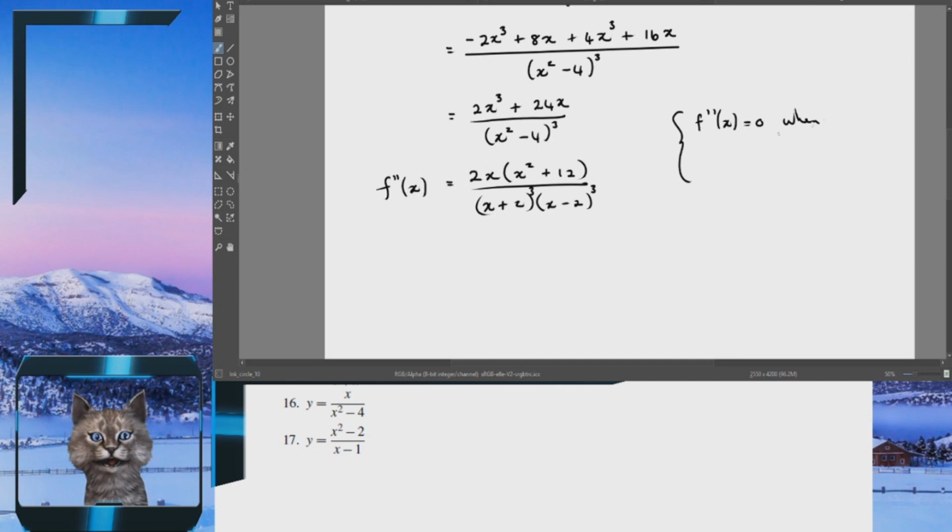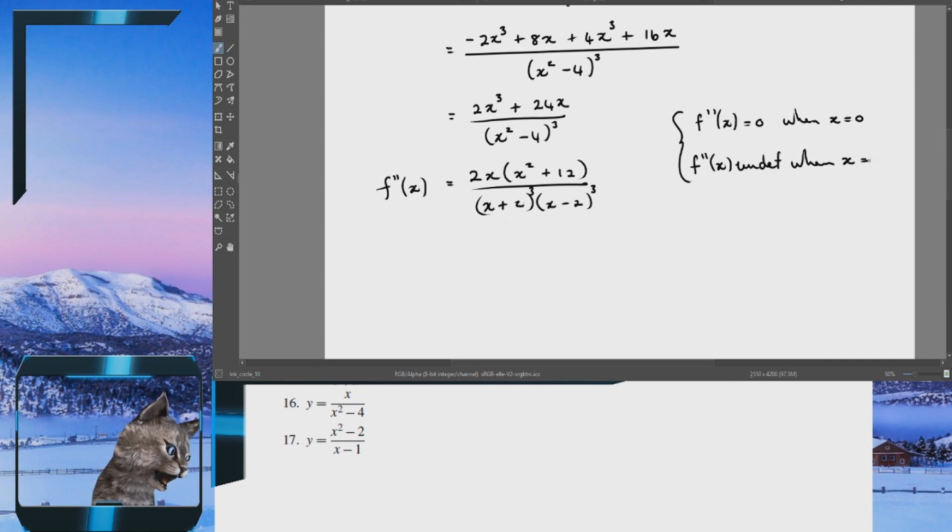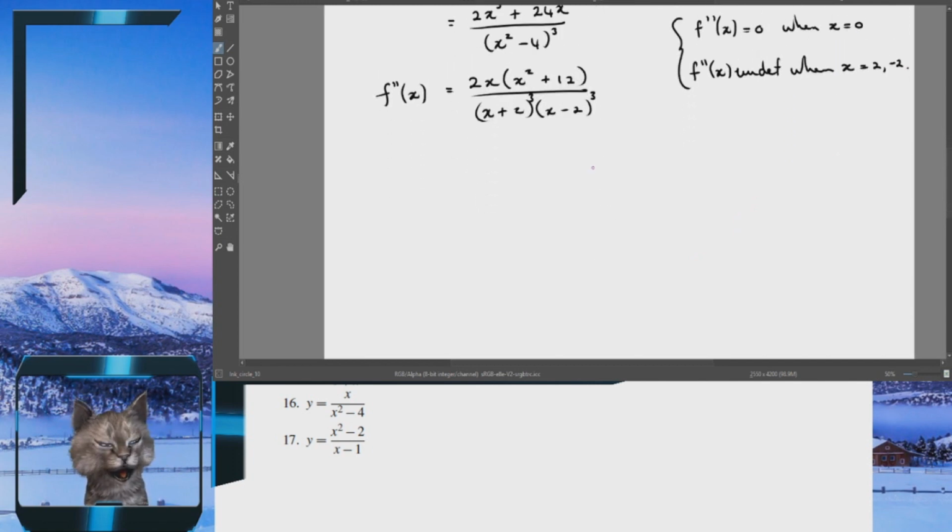Well, either one of these in the numerator is 0. One of them is an x, so that can be 0. But this is x squared plus 12, and that can never equal 0. Otherwise, x squared is equal to negative 12, which is impossible. So only 1. And the second derivative is undefined when the denominator is 0, and I get my 2 and negative 2 again. So I have 3 potential inflection points.